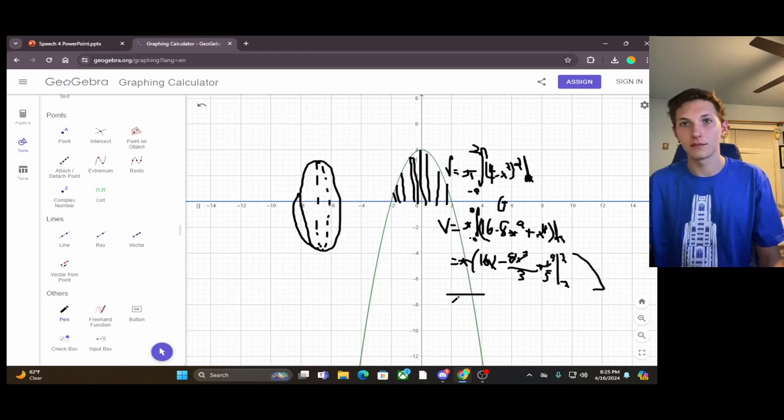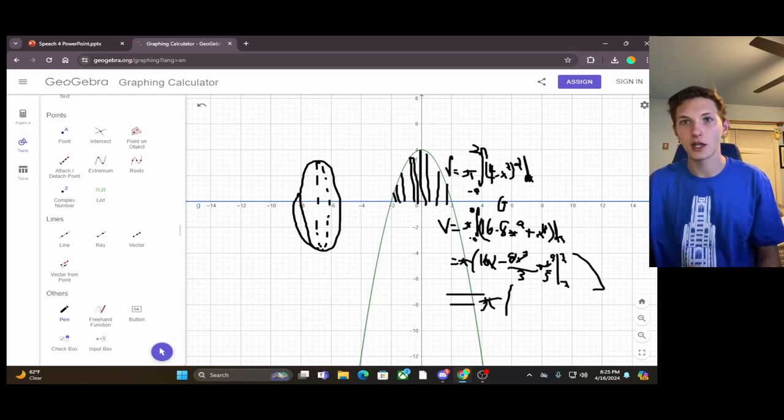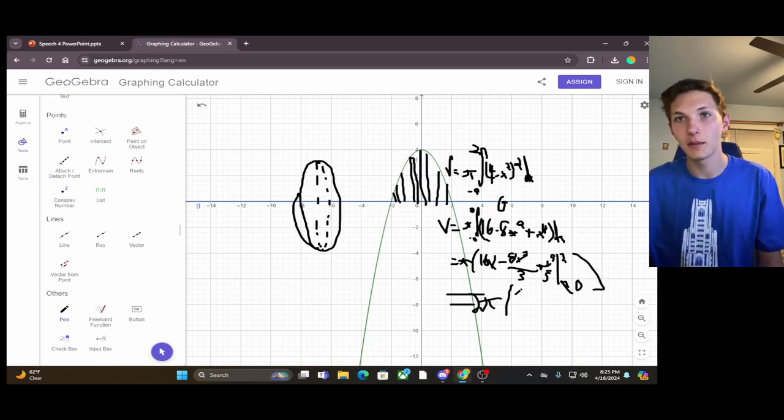So that's a little bit. All right, we have equal to pi times, higher bound, 16. Because this is a parabola and each side is symmetric, we can just do 2 times. This is going to save a little bit, and we're just going to ignore the bottom one. We're going to say it's a 0. It just saves a little bit of time.